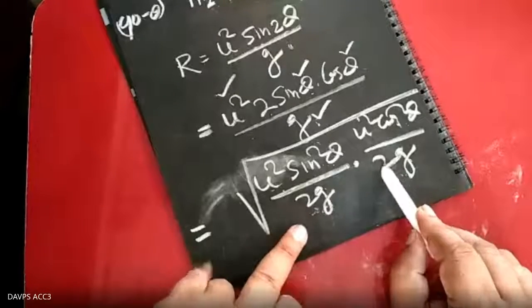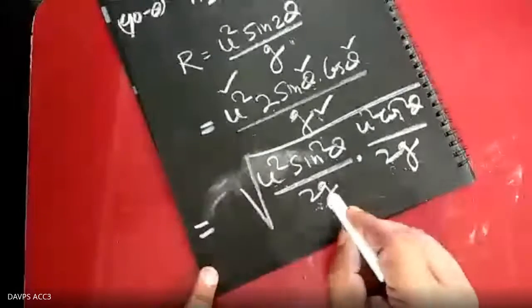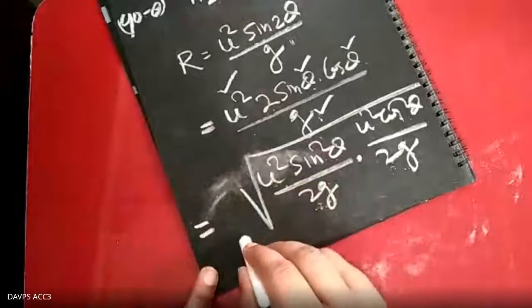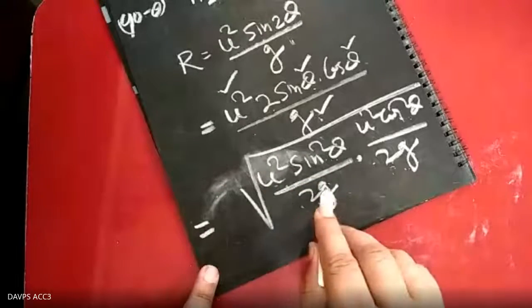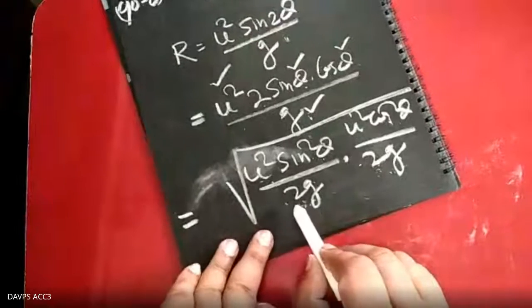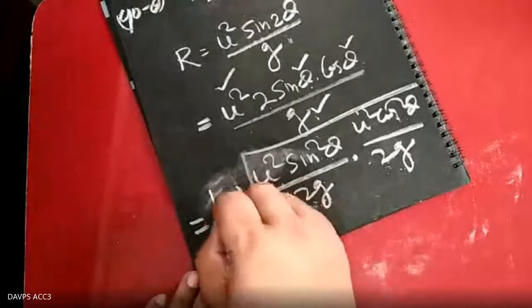So what do we have to do? We have to do 2 into 2, and if it is coming out, it will be 4. Already 4 extra we have divided here. You are observing that 4 extra we already divided. I think it will be 4, right? The answer is 4.